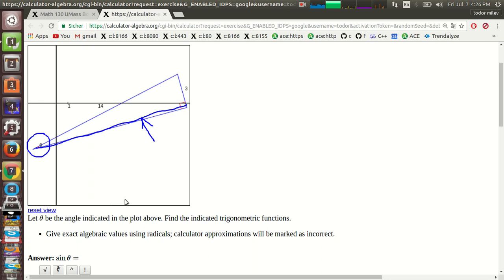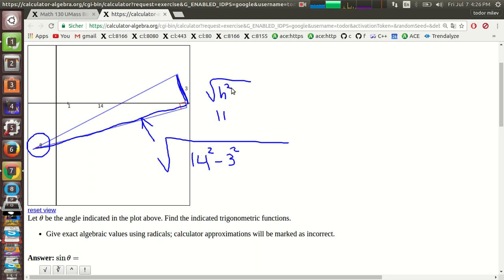So our adjacent side equals a radical of the hypotenuse squared, 14 squared, minus the opposite side squared, minus 3 squared, right? Here what I'm doing is a radical of the hypotenuse squared minus the opposite squared. And that equals radical of 14 squared, well, as we remember our squares, that's 196 minus 9.